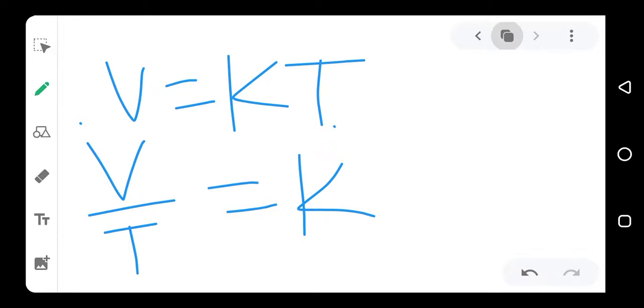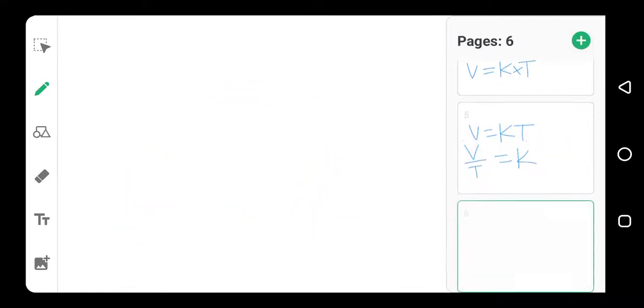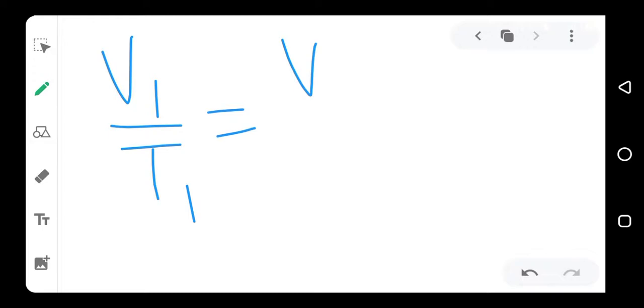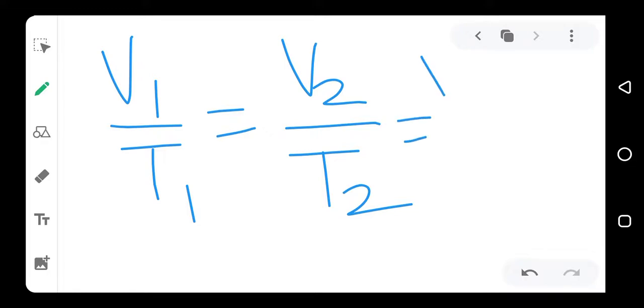Now, if you have different volume and different temperature, then we can say that V1 over T1 is equal to V2 over T2, and if you have more volume and more temperature, you can also say is equal to V3 over T3 to infinity.